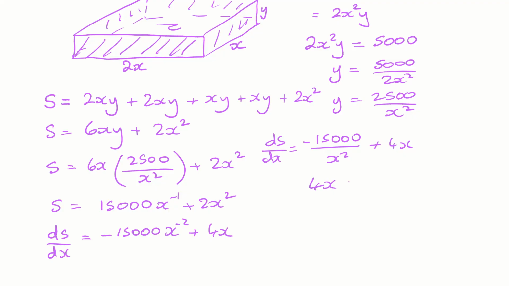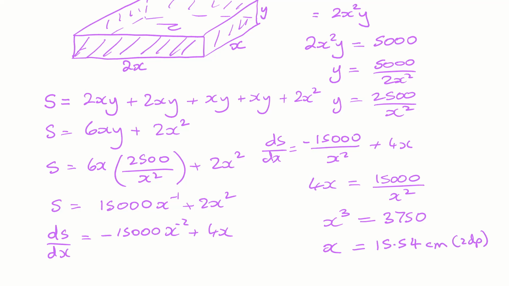So that will give me 4x is equal to 15,000 over x squared, which gives me x cubed is 3,750. And therefore x would be the cube root of 3,750, which will give me 15.54. And that would be in centimeters, correct to 2 decimal places there.